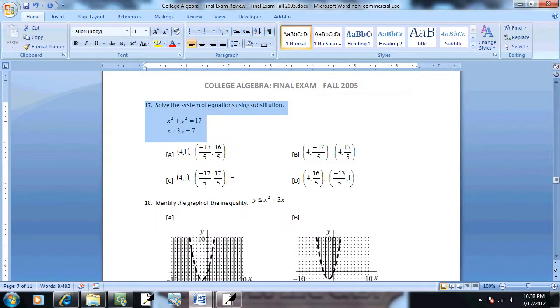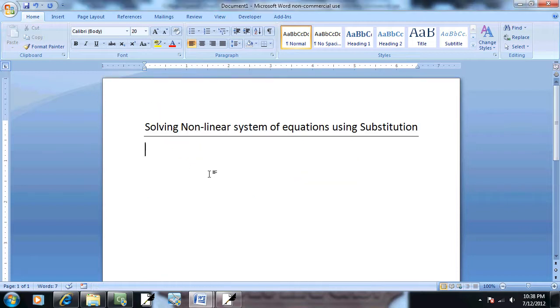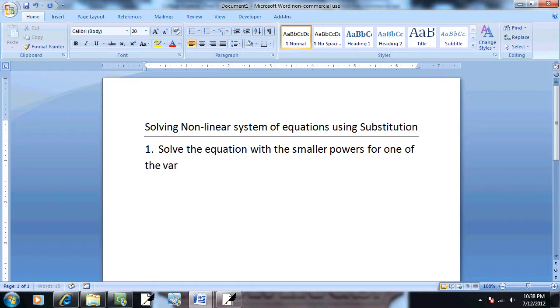Nonlinear, if you notice, it has an x squared and y squared. Now step 1. Solve the equation with the smaller powers for one of the variables. Step 2, plug this into the other equation and solve.